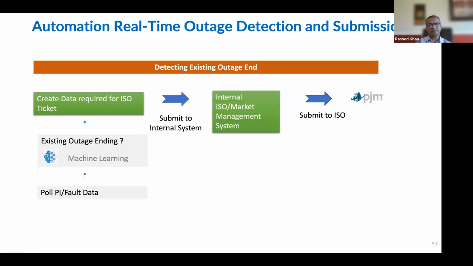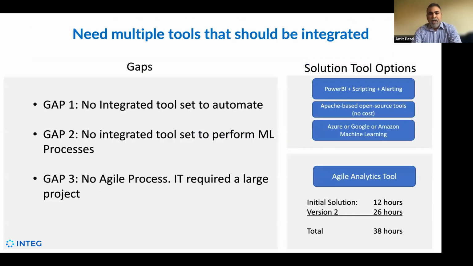All right. Then we're going to do the same process for detecting the existing outage end. It's going to look for something a little bit different, and you're going to do the same process, submitting everything to the ISO. And really, the gap, why this couldn't have been done before, is just that the integrated toolsets weren't there. Here are some of the toolsets we suggest.